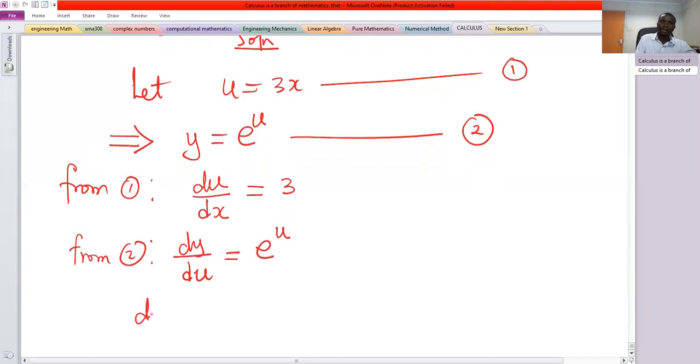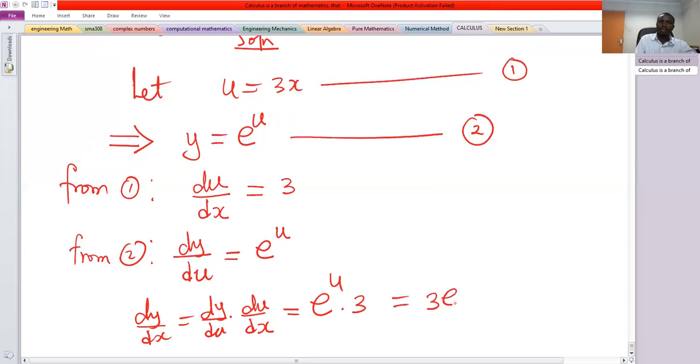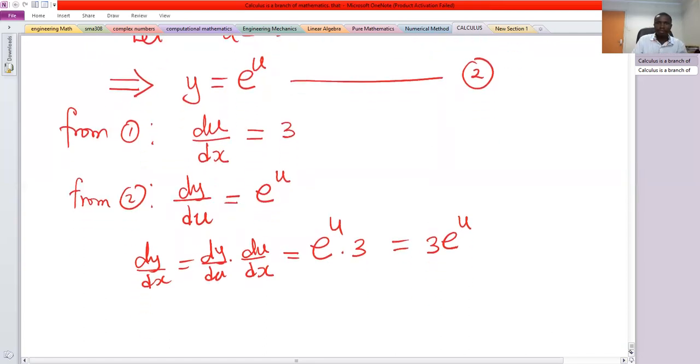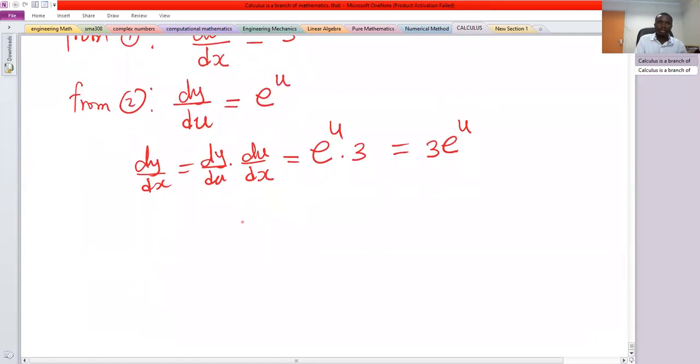So then dy dx is dy du times du dx, which is e raised power u times 3, which is 3 e raised power u. But you don't leave your answer in terms of u because u is our own creation. So therefore dy dx is 3 e raised power 3x.